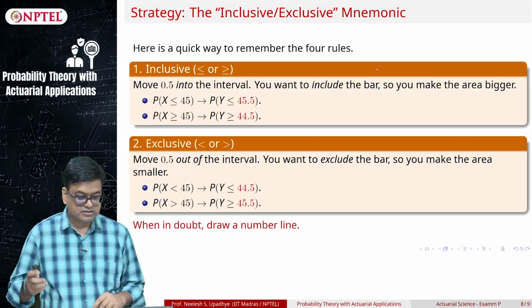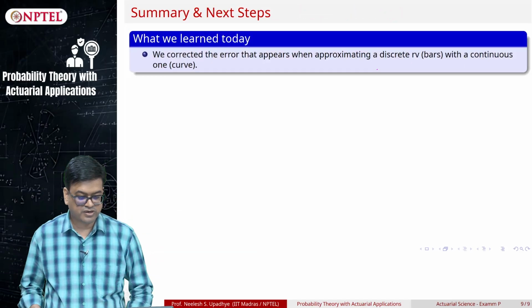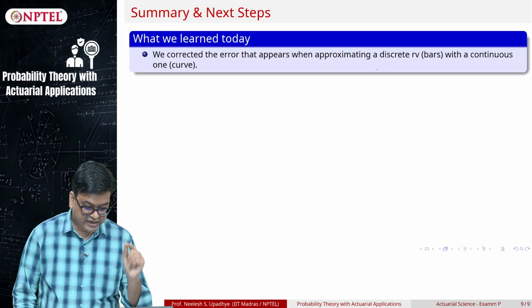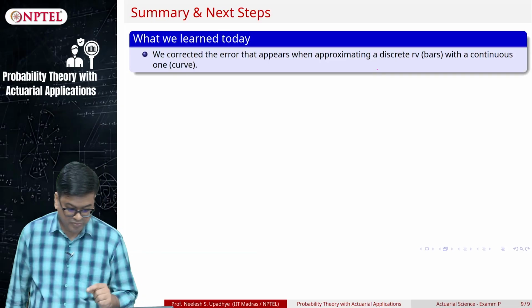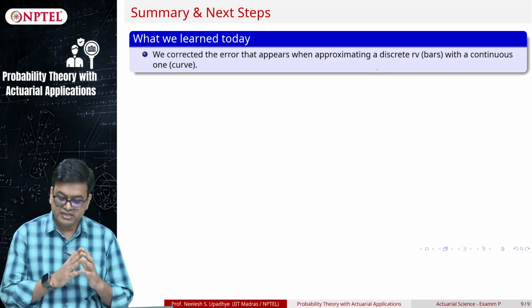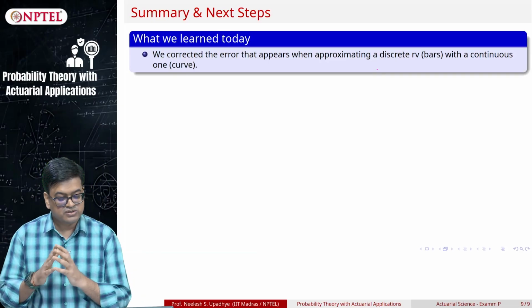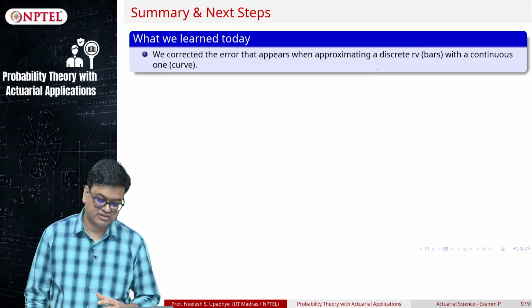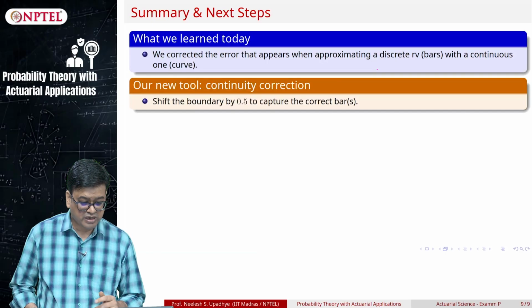Okay. So, here is the summary of what we have done. The correction error that appears when approximating discrete random variables with continuous random variables is mastered today. How did you master it?